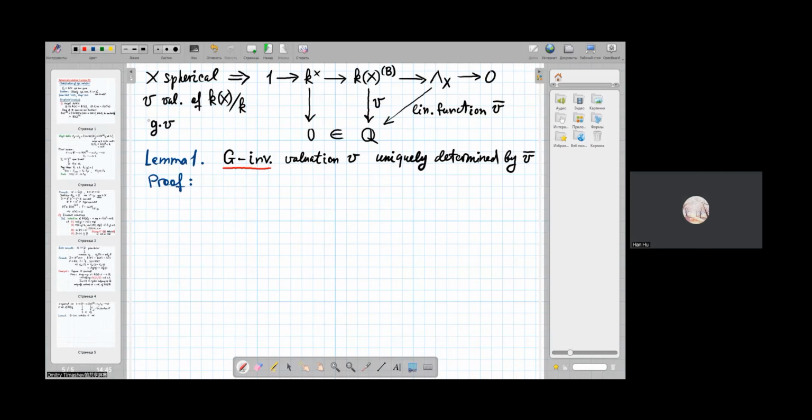G acts on V, it is again a valuation whose value at F is the same as the value of V at G inverse F, as usual. And G-invariant means that V of F is the same as V of GF for any G.